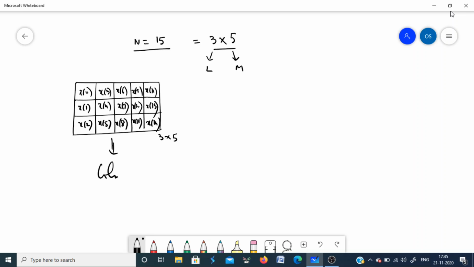Okay, so this is a column wise mapping for the input. This is first step. Then what we have to do, what we have just discussed, after dividing N into two factors L and M, you have to first compute the N-point DFT of each row.